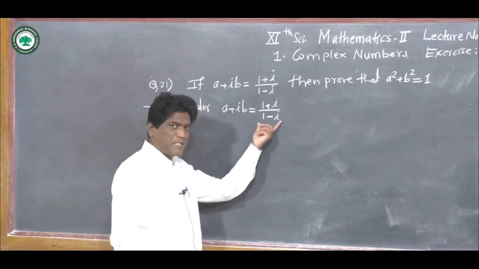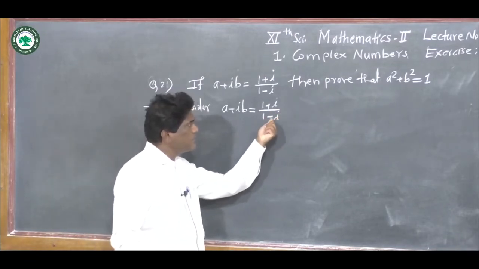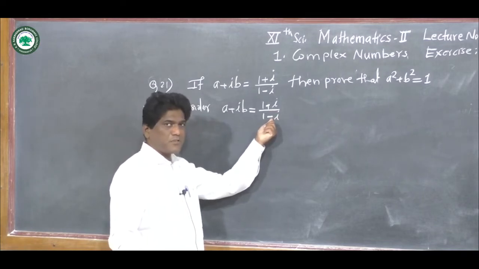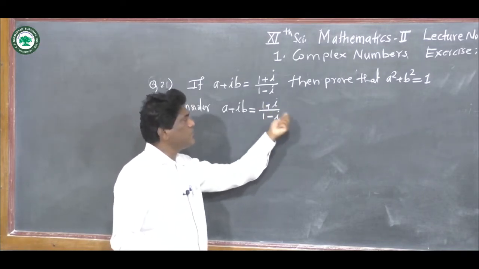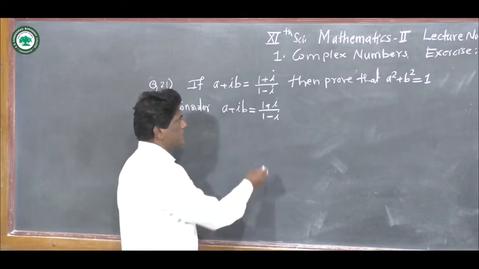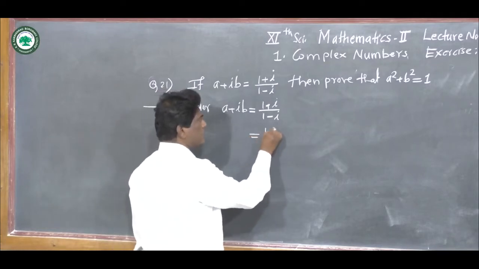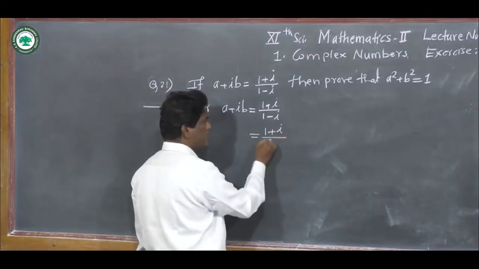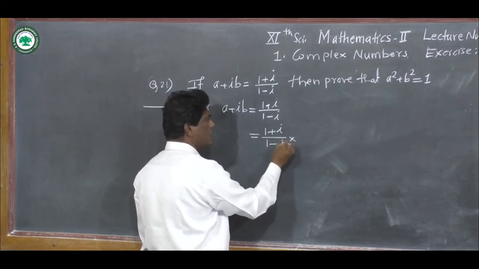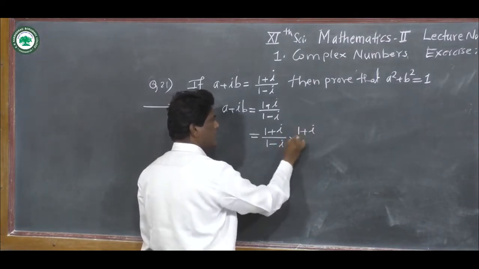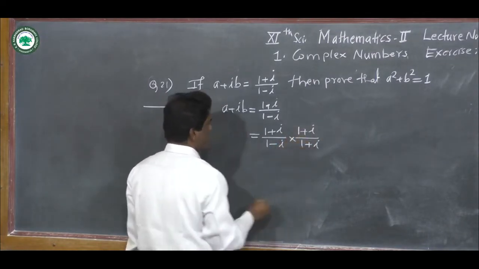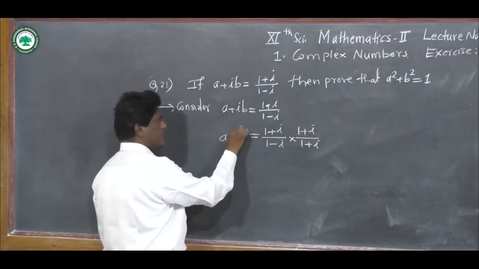Conjugate of 1 minus i: change the sign of the imaginary part, that means take plus. So we multiply by 1 plus i to numerator and denominator. So it is equal to 1 plus i divided by 1 minus i, as it is, into 1 plus i divided by 1 plus i. Left side is a plus ib.